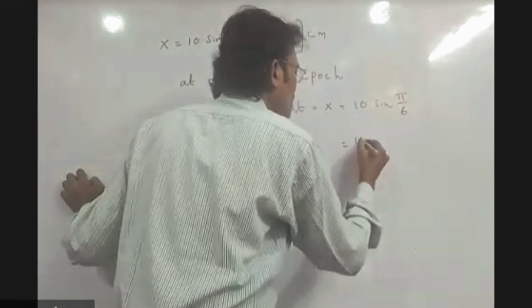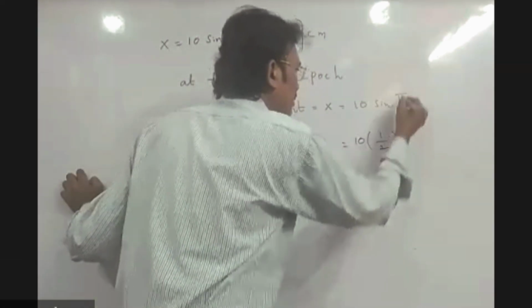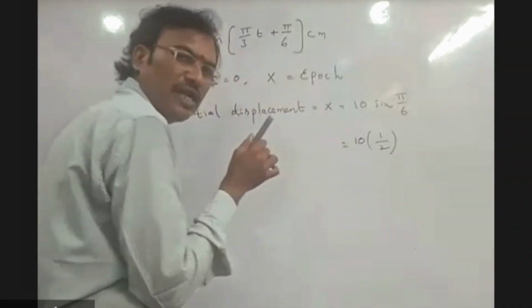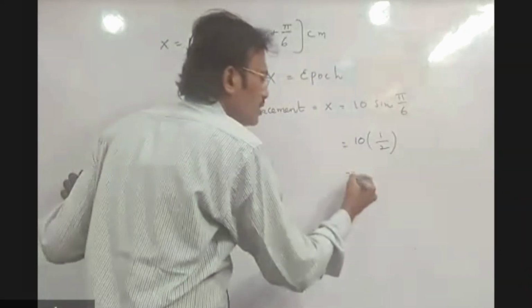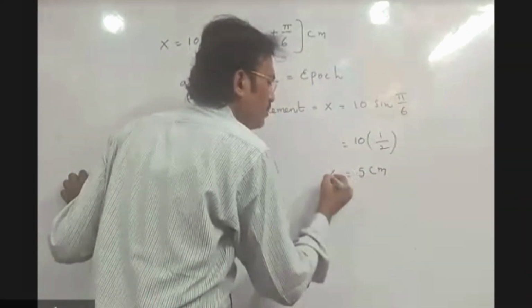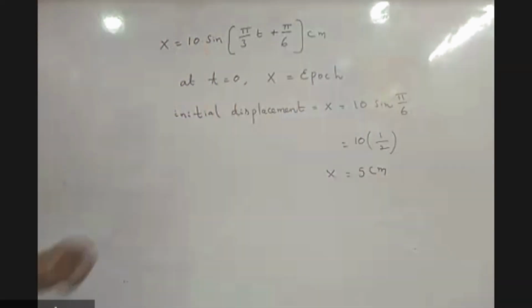Pi by 6 means 30, since pi is 180 and 180 by 6 is 30. Sin 30 is 1 by 2. So that is equal to 5 centimeters. This is the initial displacement of the particle.